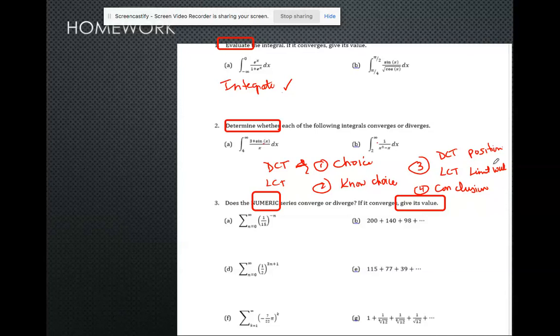Okay? You're not really doing a whole lot of math in there, so make sure you talk about who you chose, what you know about your choice. The direct comparison test requires that you compare the positions of the functions, the known and the unknown, to one another. The LCT makes you do a limit of the ratio of the known and behavior of the known function to the unknown one. All right?